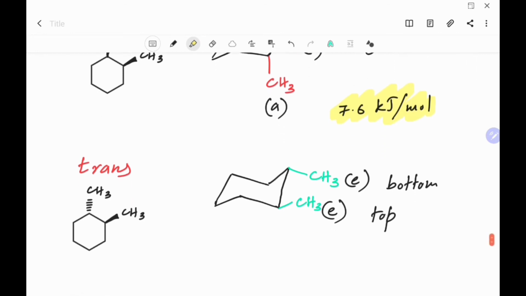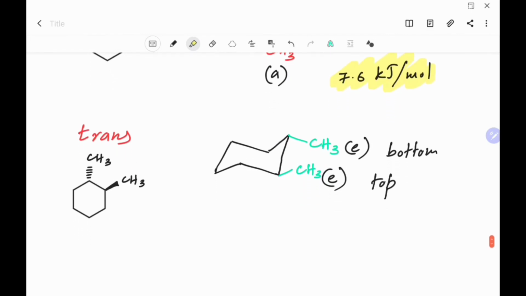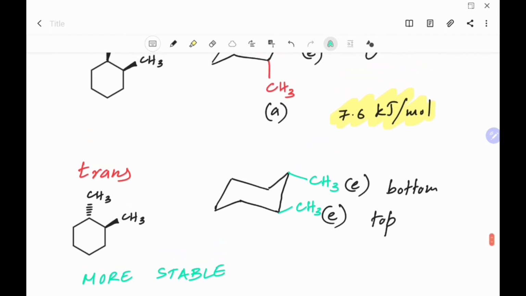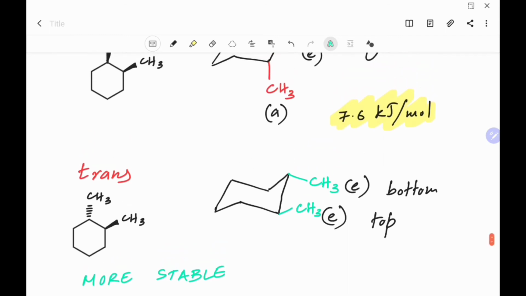Therefore, the trans isomer is more stable. So when it comes to cis and trans isomers of 1,2 disubstituted cyclohexanes, trans is the most stable one. Keep that in mind.